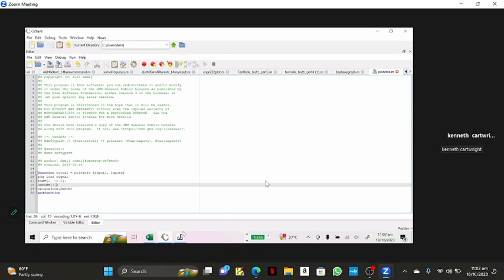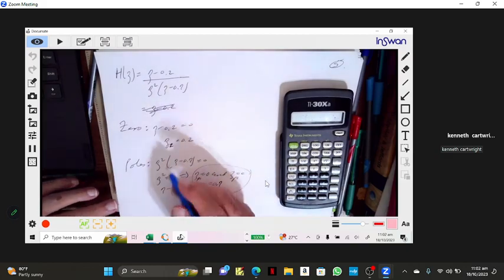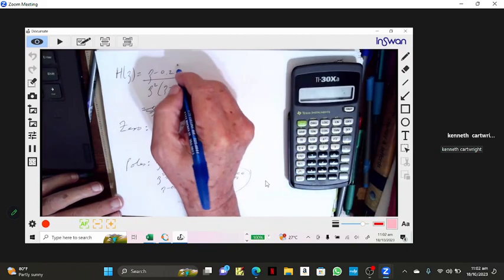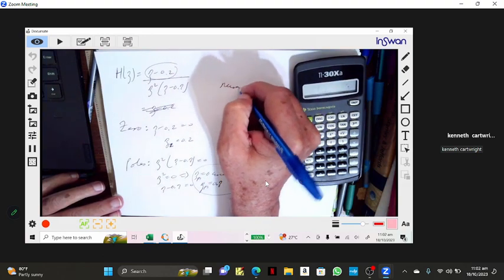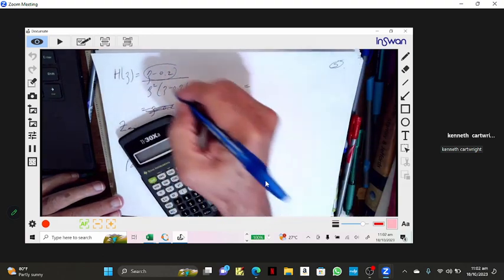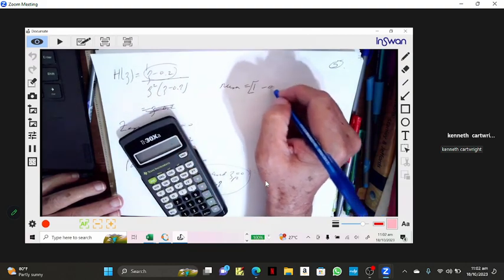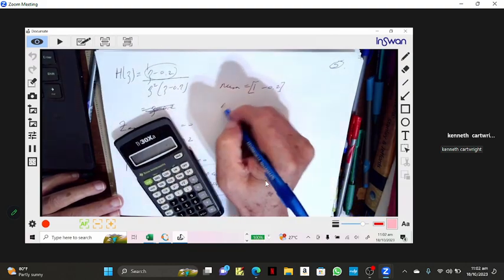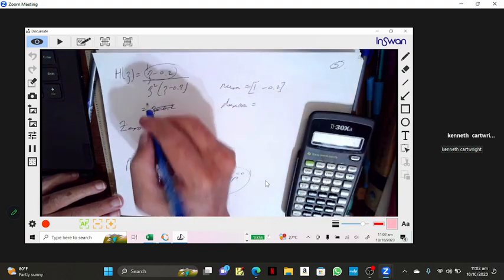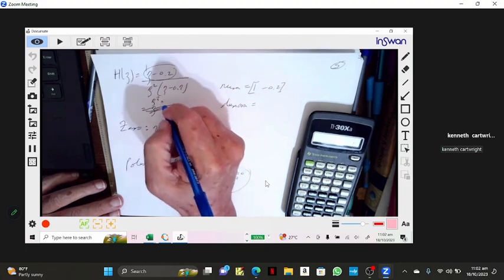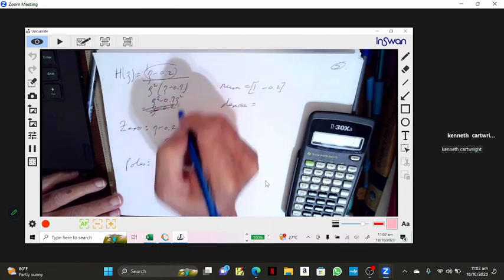That's just the coefficient 1 and then the coefficient negative 0.2. Now the denominator, what's the denominator? Well, we need to expand this, z cubed minus 0.7 z squared.